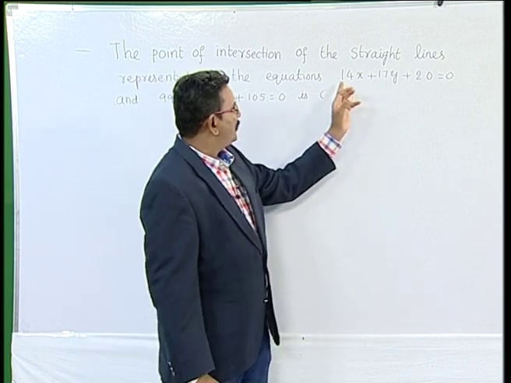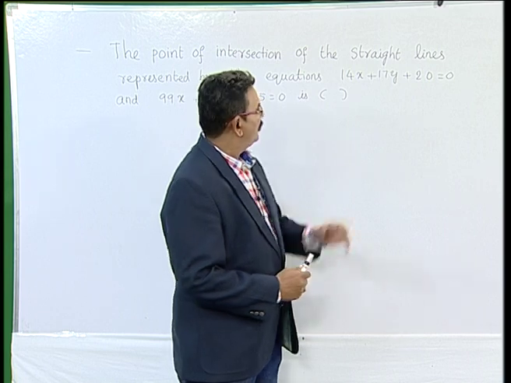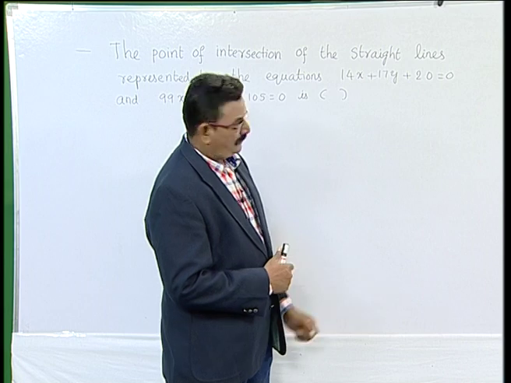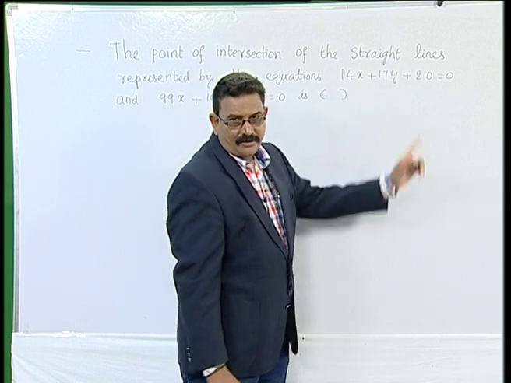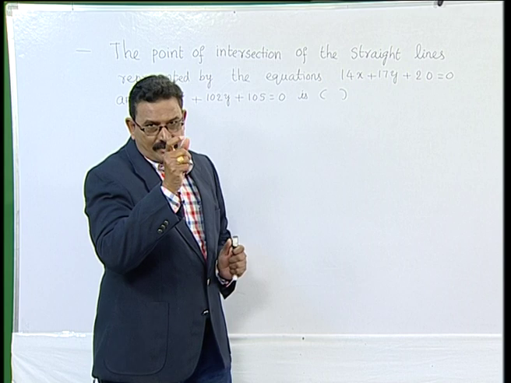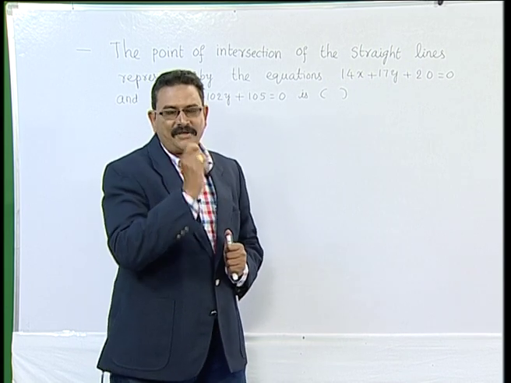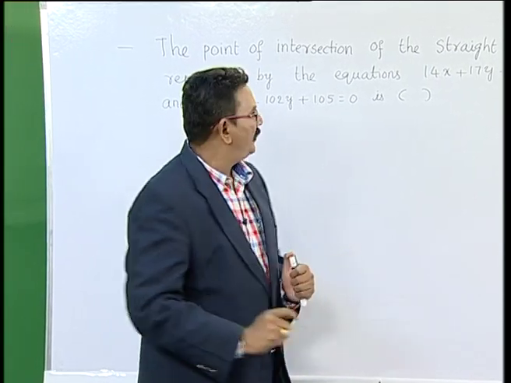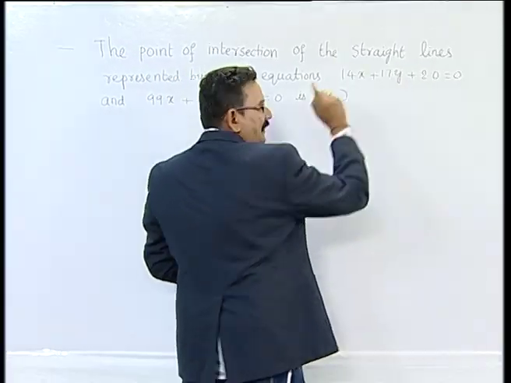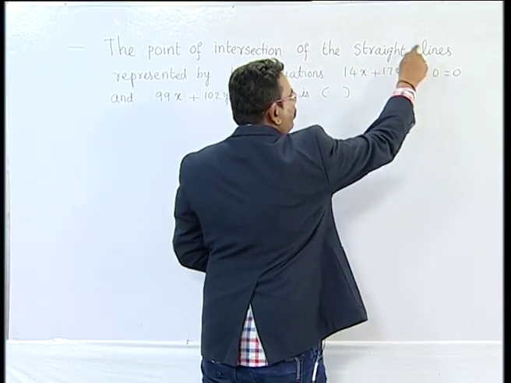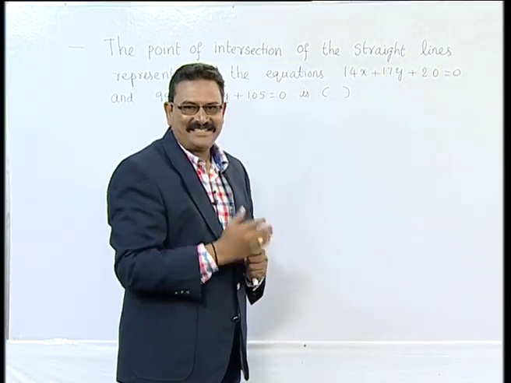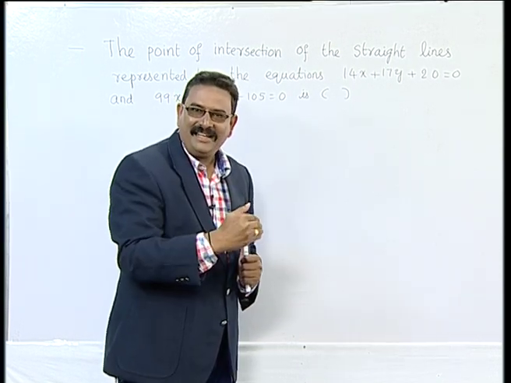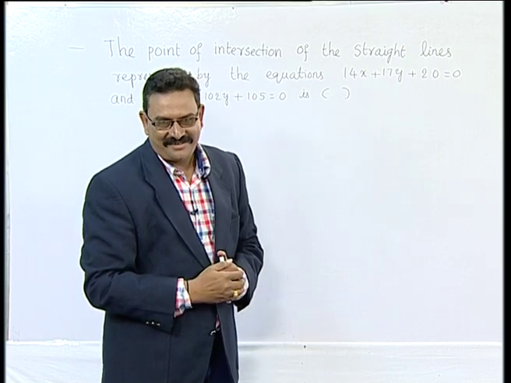For example, see the first equation. Here the x coefficient is 14, the y coefficient is 17 and the constant is 20. If you observe, there is a pattern. If you find that pattern, this problem becomes very easy to solve. Here 14 plus 3 is 17, 17 plus 3 is 20. So 14, 17, 20 are in arithmetic progression.